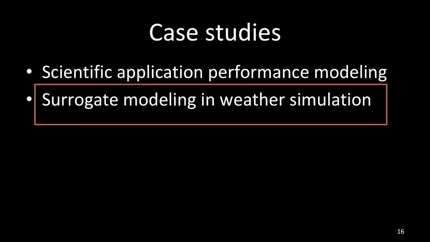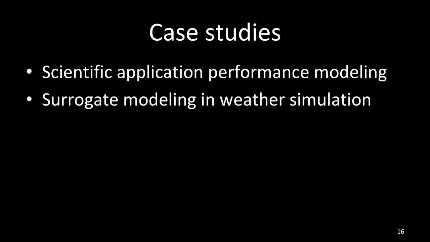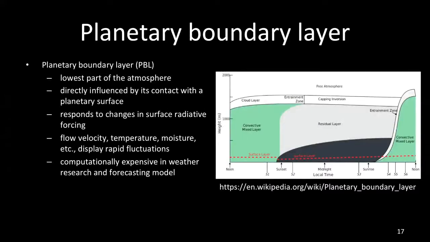Probably. So the second case study is surrogate modeling of weather simulation. In particular, we were looking at the planetary boundary layer simulation. The planetary boundary layer is at the lowest part of the atmosphere. So here is the free atmosphere, and then this is the planetary boundary layer.